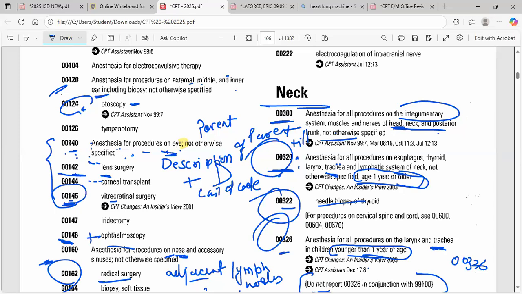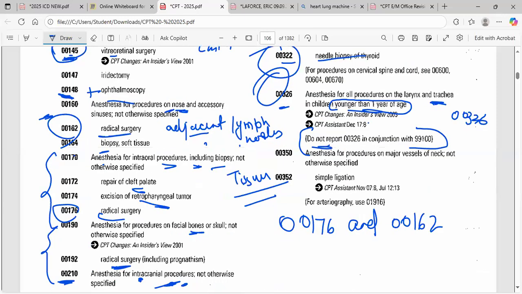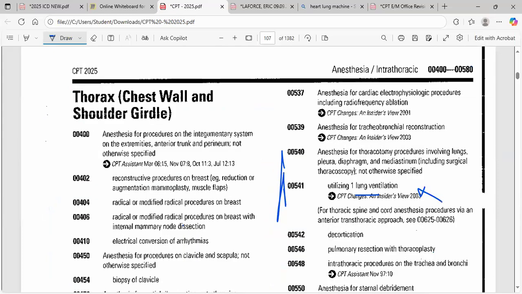Now let's move further. Our next procedure is on the thorax.